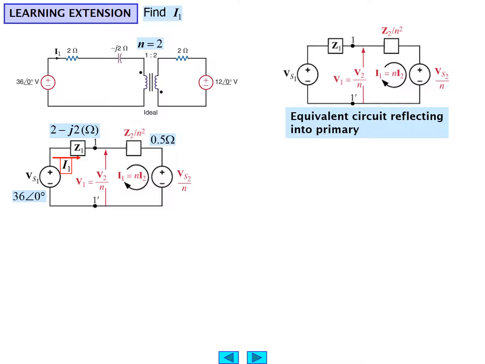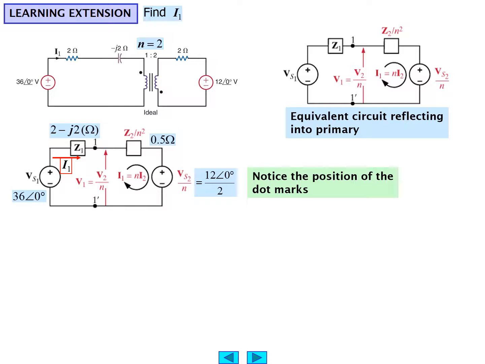And the voltage source, V sub S2, 12 angle 0, has been reduced by n also. And that becomes 12 angle 0 divided by 2. Again, real numbers only change the magnitude and not the phase angle. And note the position of the dot marks. The position of the dot marks in this case are in support of the voltage source.